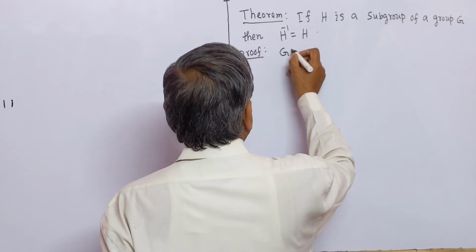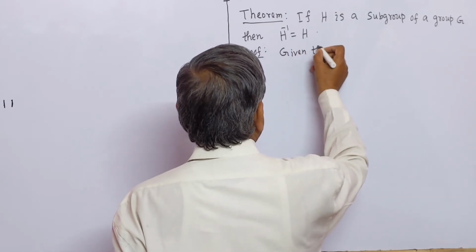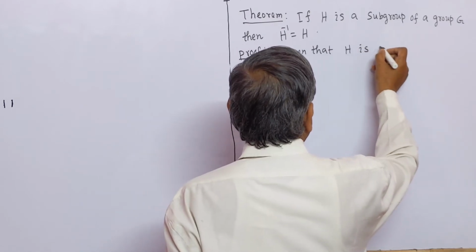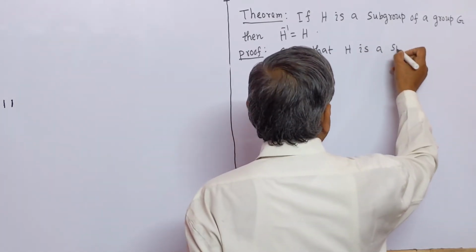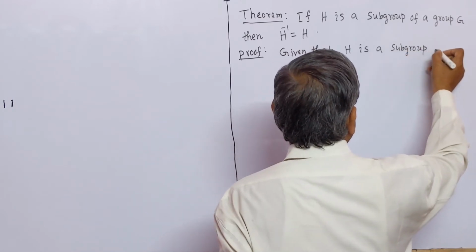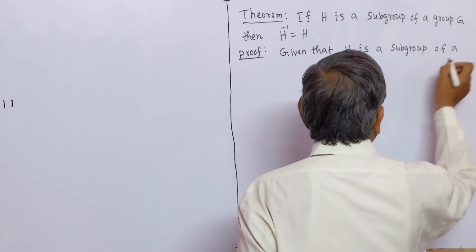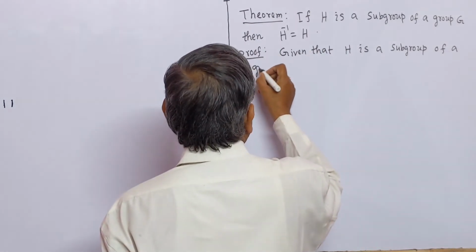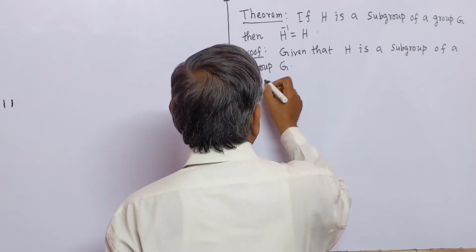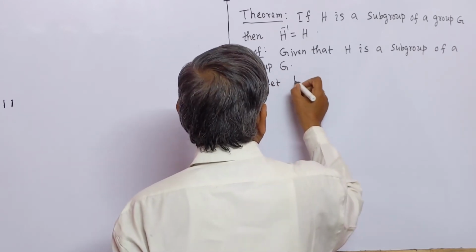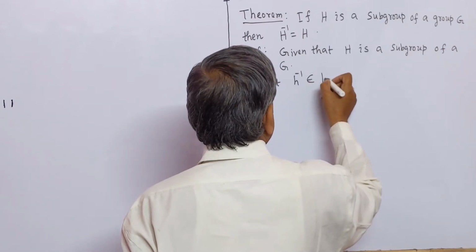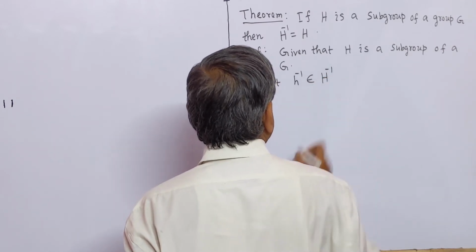Given that H is a subgroup of a group G, let small h inverse belong to capital H inverse.